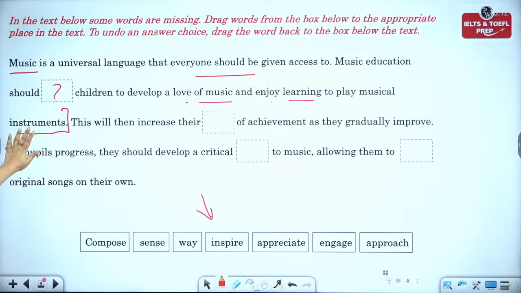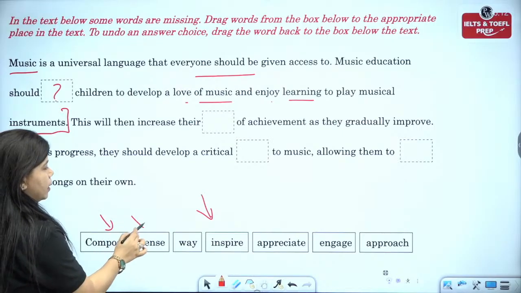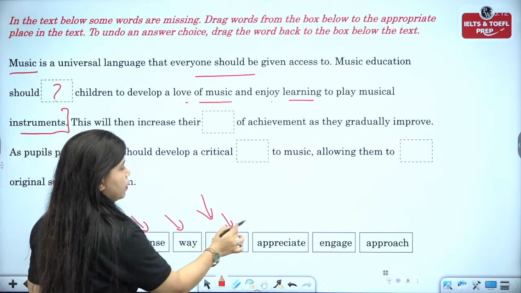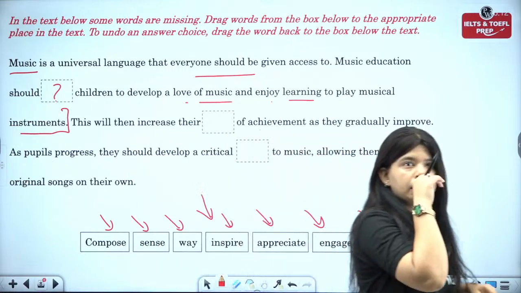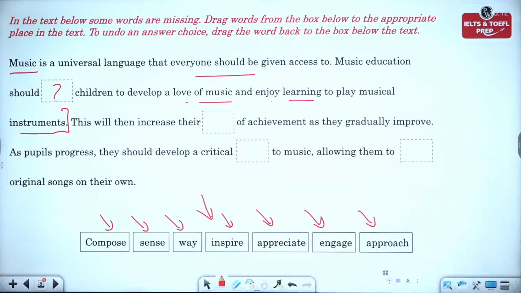Now see, music education should dash children. Should what children? Should it compose? Should it sense, weigh, inspire, appreciate, engage, approach? What do you think is the right answer, guys? Come on, this is a piece of cake. That means super simple.